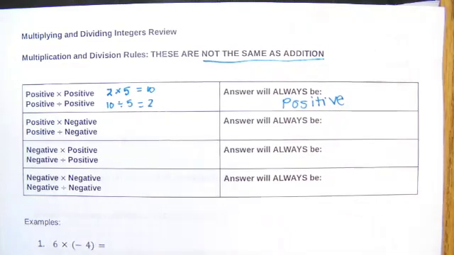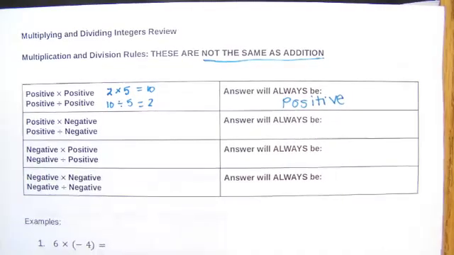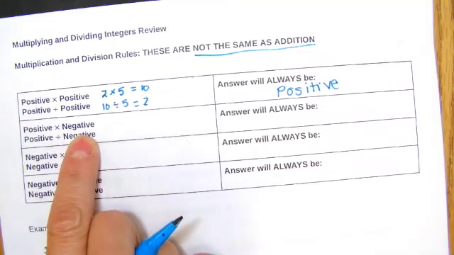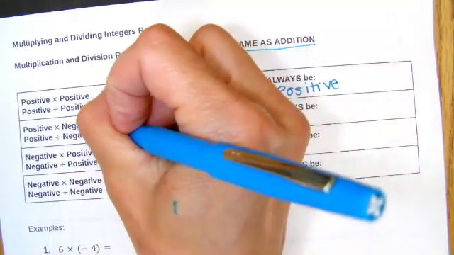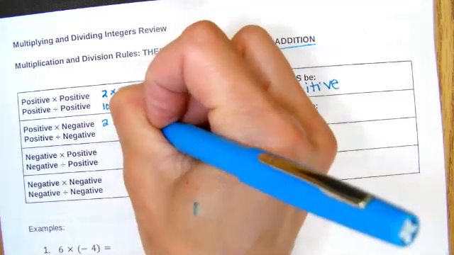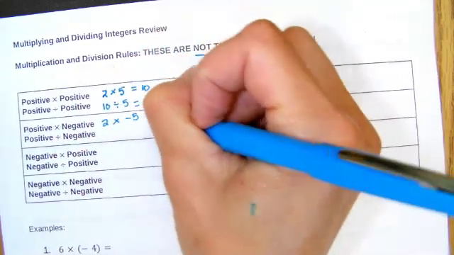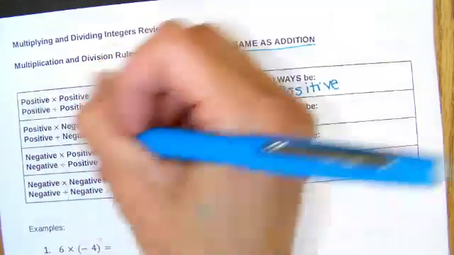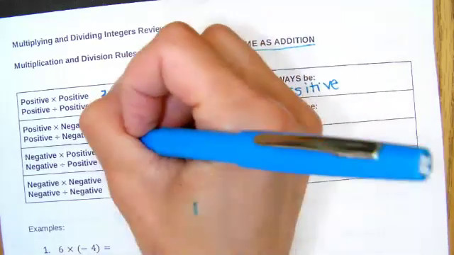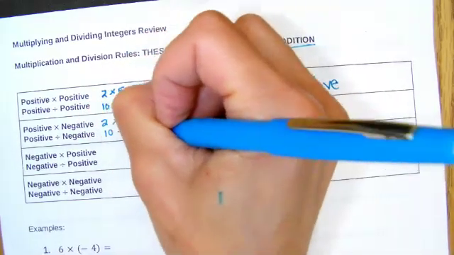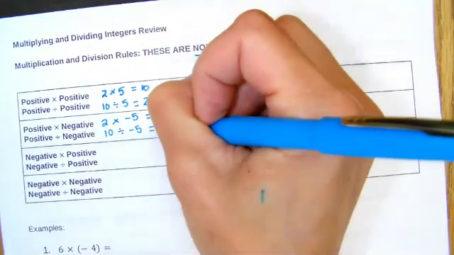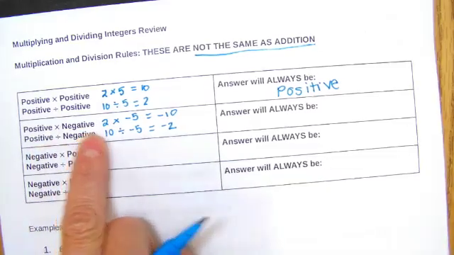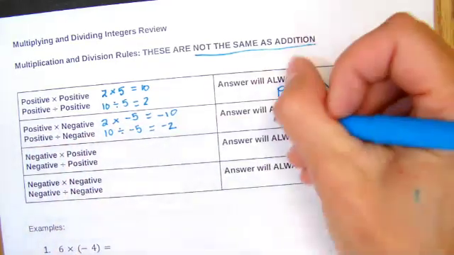Now we decide to throw negatives in there. If you have any positive number times a negative number, let's say 2 times negative 5, then you're going to get negative 10. If you divide a positive by a negative, let's say 10 divided by negative 5, you're still going to get a negative number. If you're multiplying or dividing and there is a negative in there, your answer will always be negative.